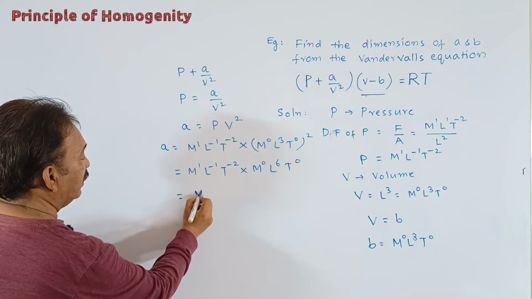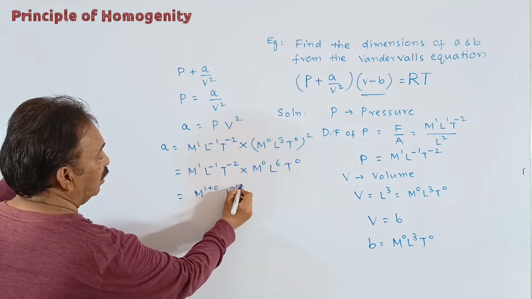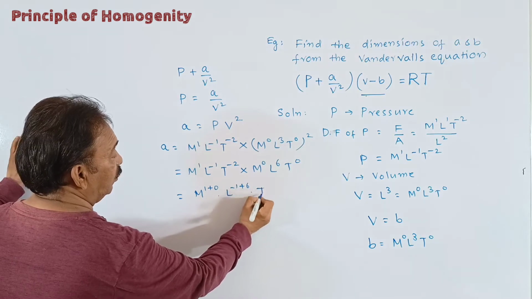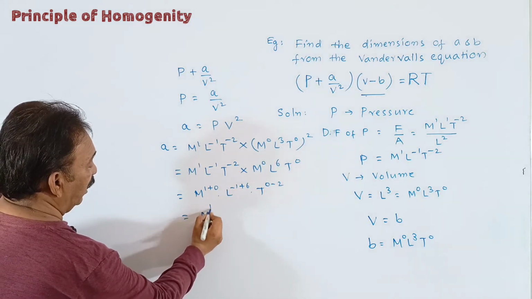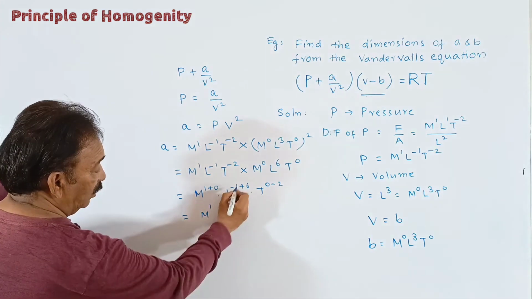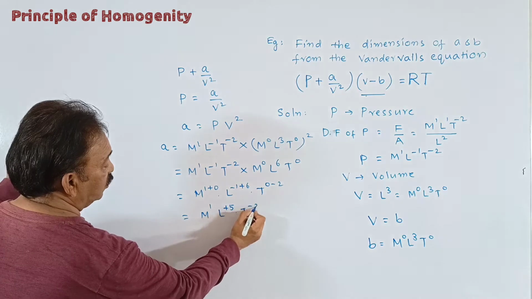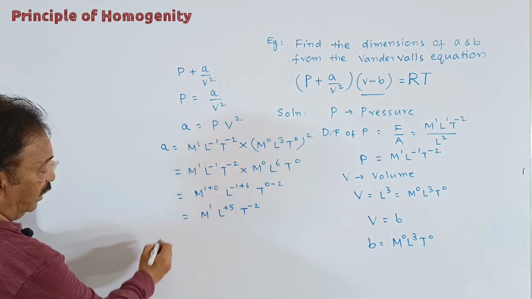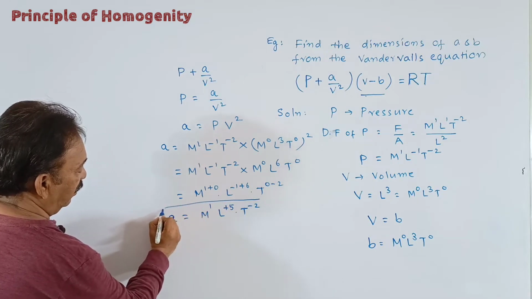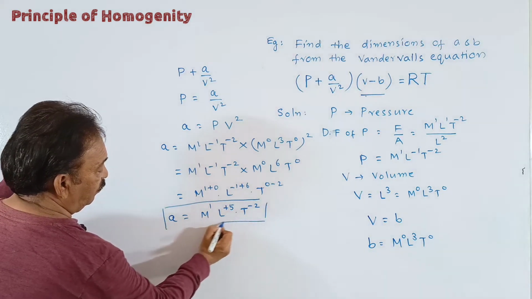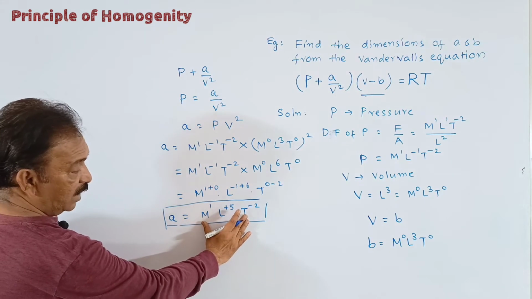Then we can write it as M to the power of 1 plus 0, L to the power of minus 1 plus 6, T to the power of 0 minus 2, and finally M power 1, L to the power of plus 5, T to the power of minus 2, students. It is the dimensional equation of the physical quantity A. And it's the dimensional equation, and this part is the dimensional formula.